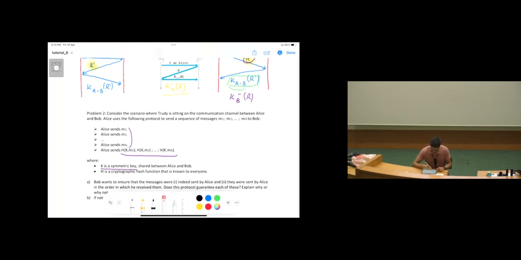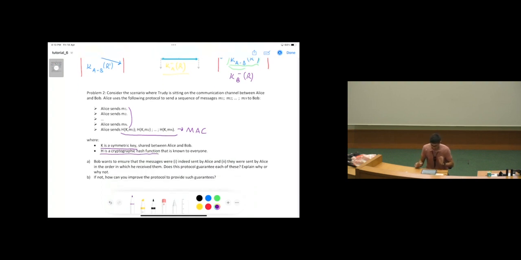In other words, these are the message authentication codes, right? What we learned in the class. So these provide the evidence of the authenticity and the integrity of the messages, if that key is shared between Bob and Alice only. And H is a cryptographic hash function that is known to everyone.